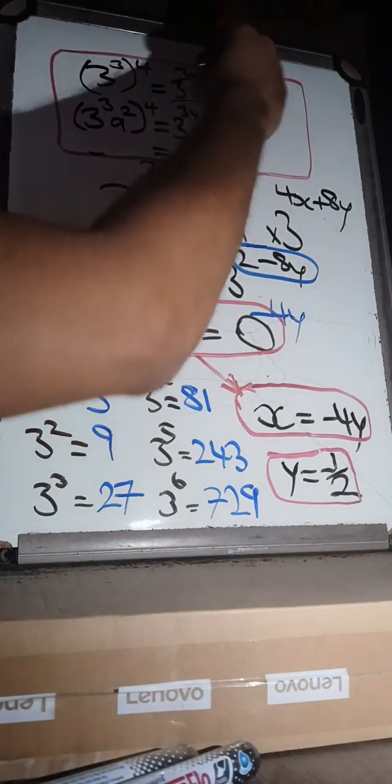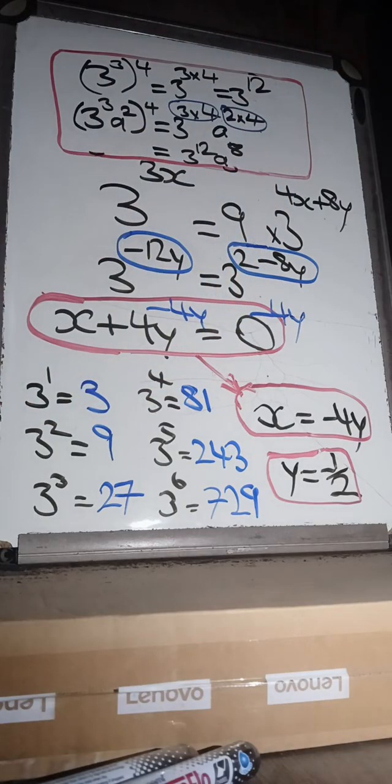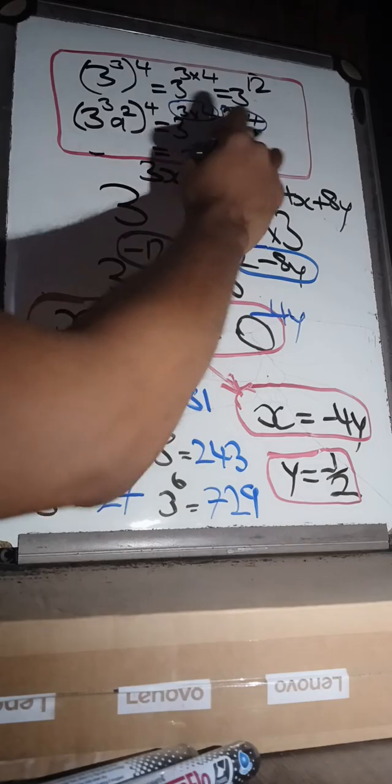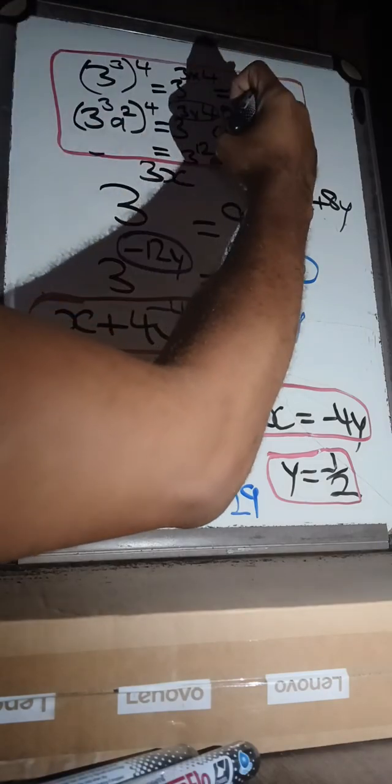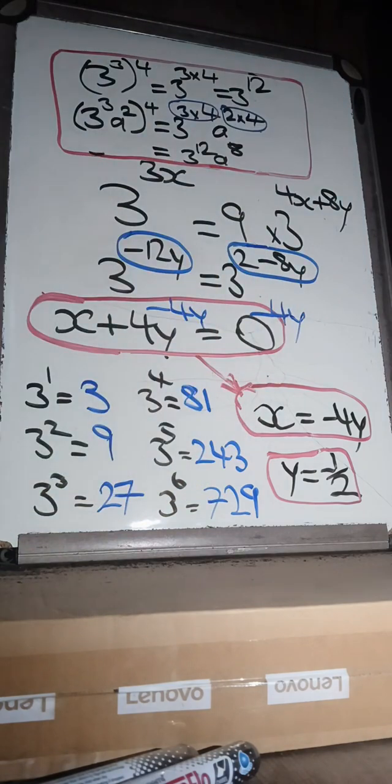So you had this. So the second part is an unspoken rule in indices. Meaning you're not just raising this to the fourth, you're raising everything in the bracket to the fourth as well.